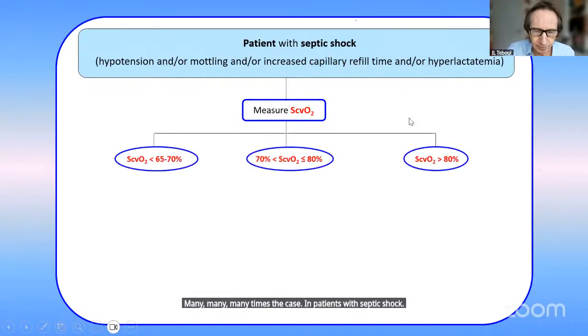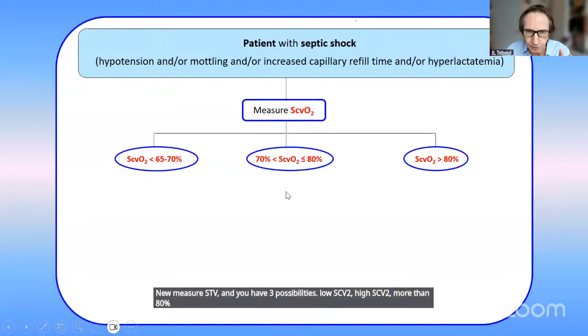You measure ScvO2, and you have 3 possibilities: low ScvO2, high ScvO2 more than 80%, and intermediate values between 70 and 80%.